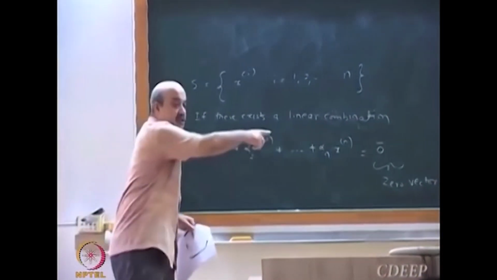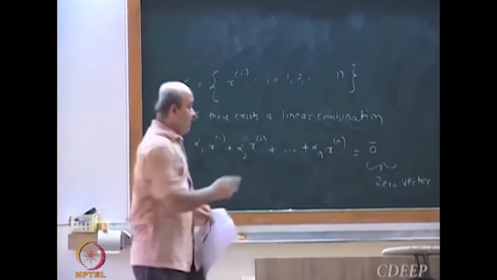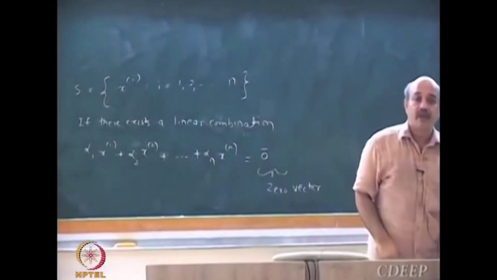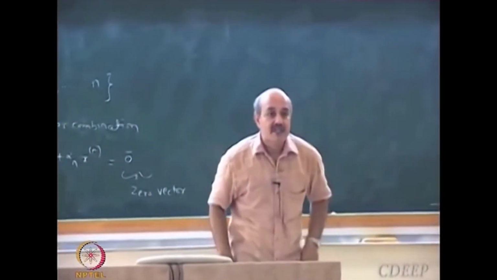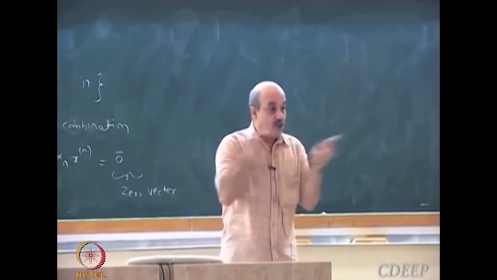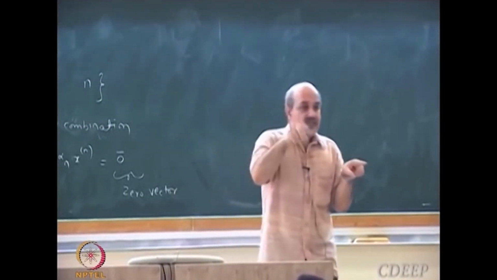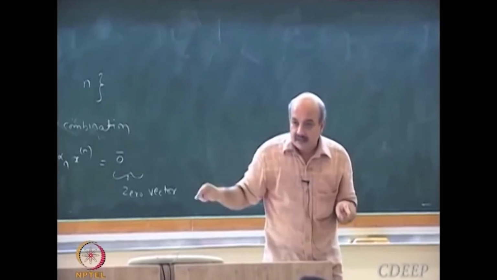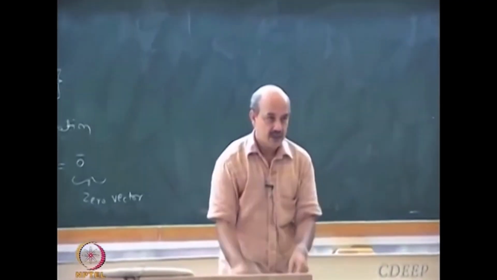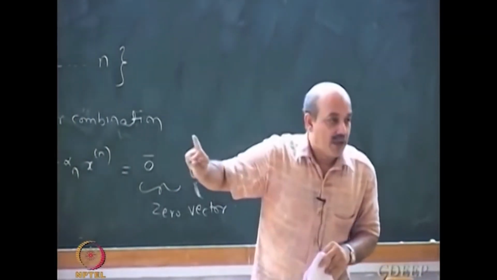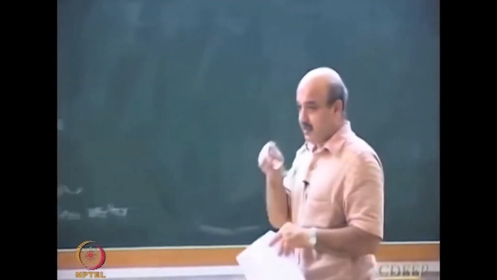So if this is equal to 0 bar, then it is the 0 vector in that space. If it is the function space, the set of continuous functions over 0 to 1, what is the 0 vector? The 0 function, 0 everywhere. f of z equal to 0 on 0 to 1, that is the 0 function. It doesn't mean numerically 0 at one point; it depends upon what space you are looking at.